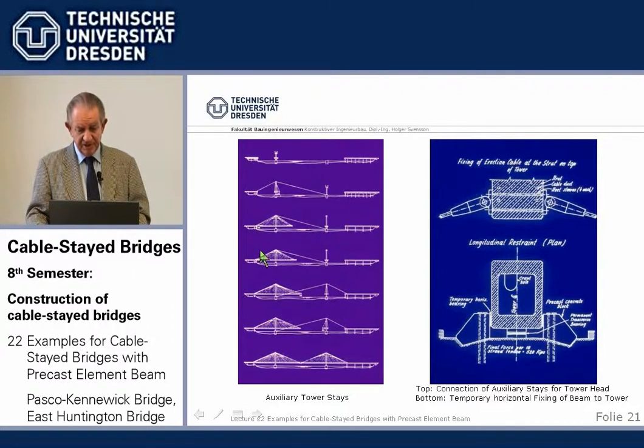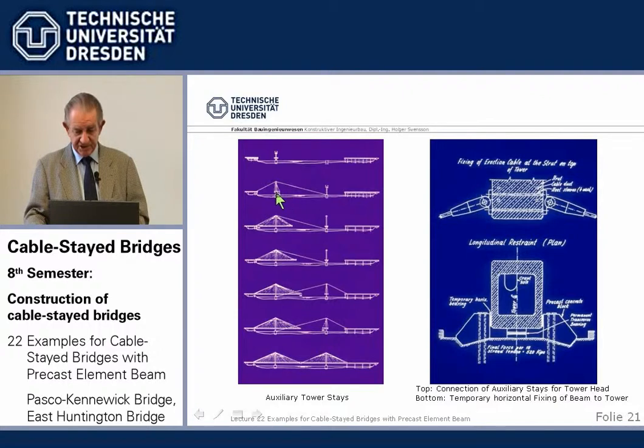We close at the side span, then we go on to the center, change to the other side, close it. And we have these auxiliary stays we tie to the cross beam of the tower temporarily with some post-tensioning bars.